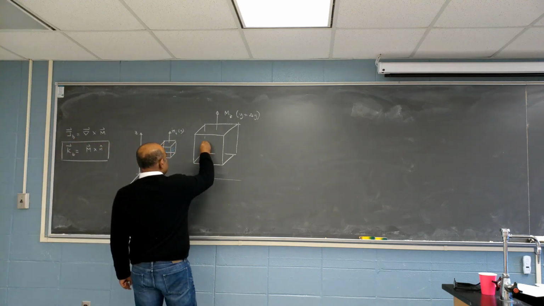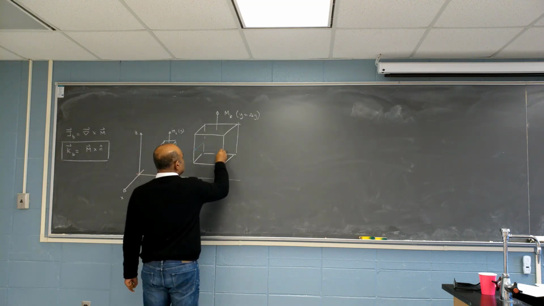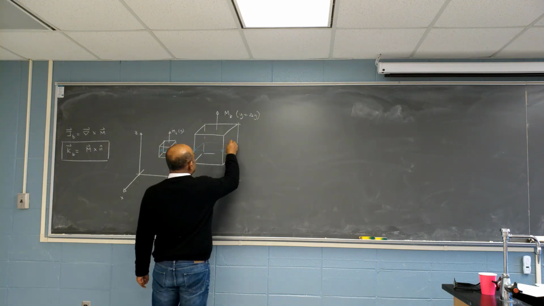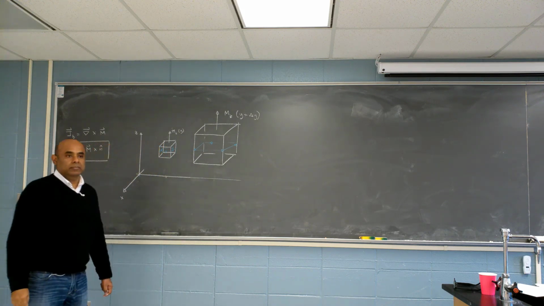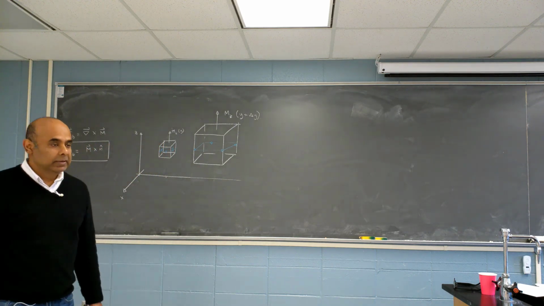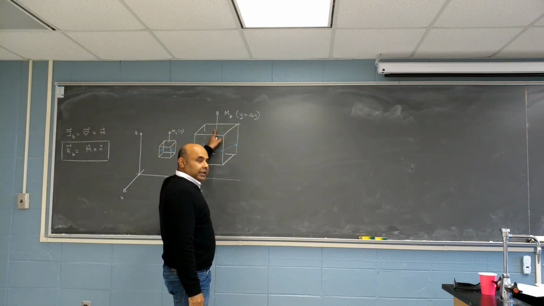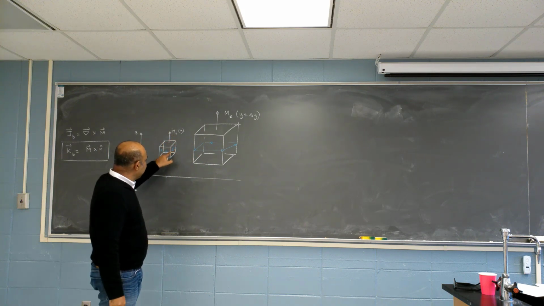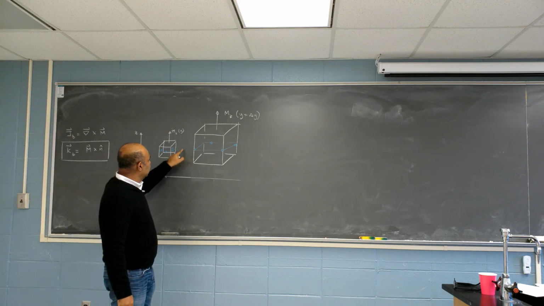On this guy, yeah? Because the value of m here is larger than the value of m here, the magnitude of the current here is less than the current here.